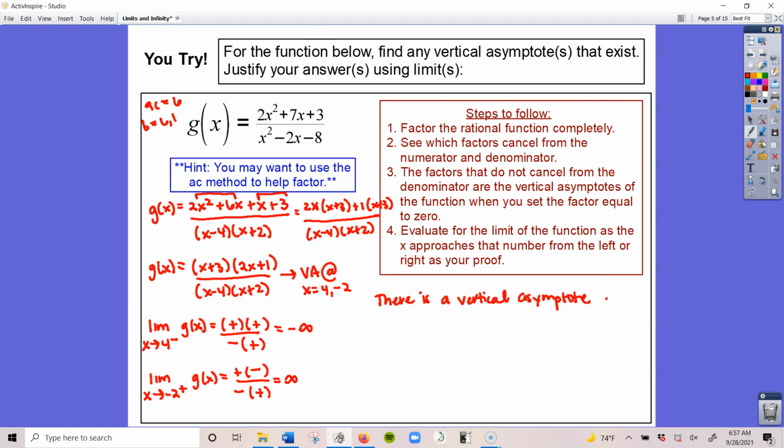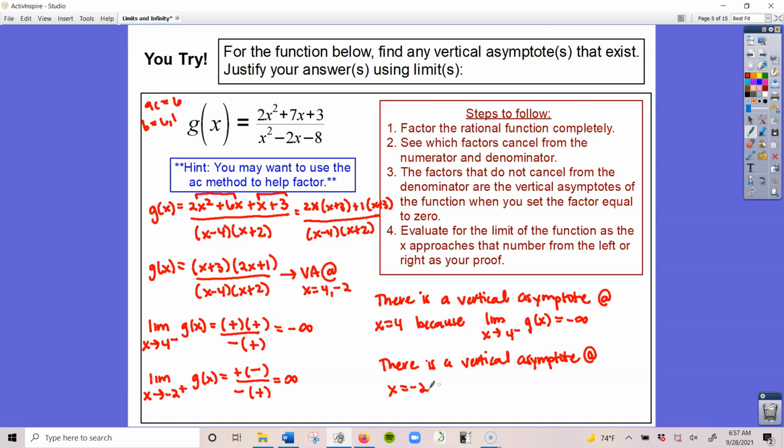There is a vertical asymptote at x is equal to 4 because, and now here we state the limit as x is approaching 4 from the left of g of x is equal to negative infinity, and there is a vertical asymptote at x is equal to negative 2 because the limit as x is approaching negative 2 from the right of g of x is equal to positive infinity.